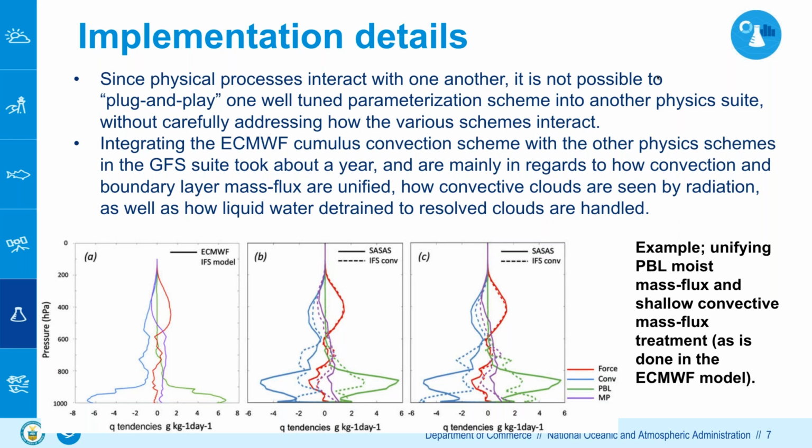So integrating the ECMWF cumulus convection scheme with other physics schemes within the GFS took about a year, perhaps on and off, and it's mainly in regards to how convection and boundary layer mass flux are unified, how convective clouds are seen by radiation, as well as how liquid water detrained from the convection to the resolved clouds is handled. I'm not going to go into too much detail on the implementation, but I'm happy to discuss this at any time. It's also part of this paper.